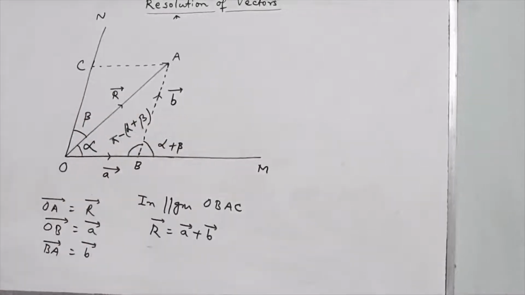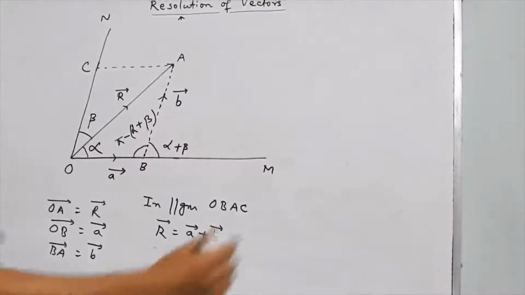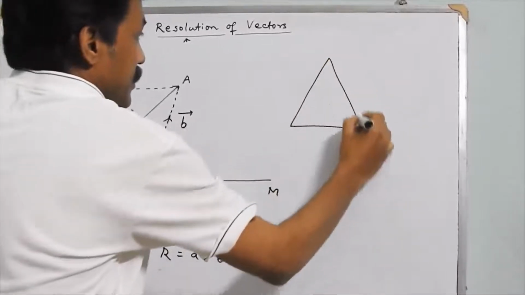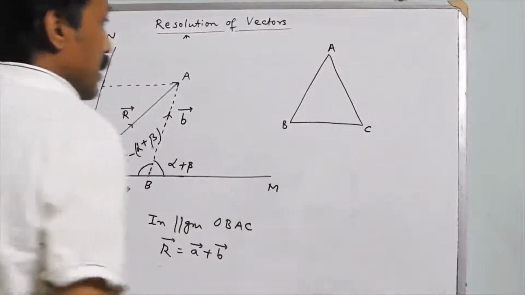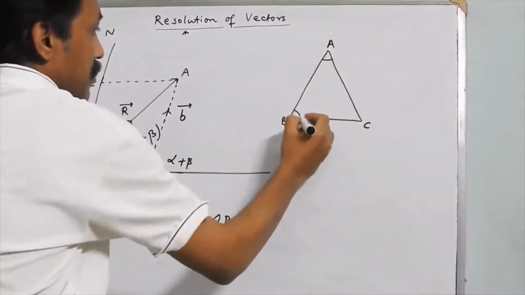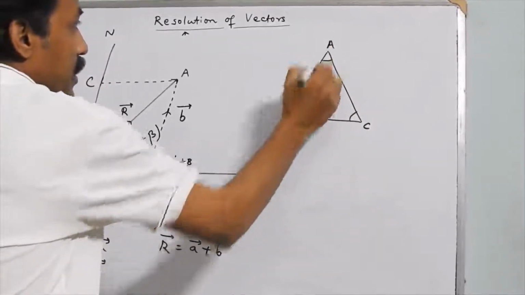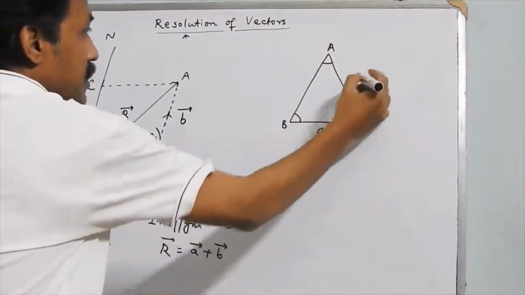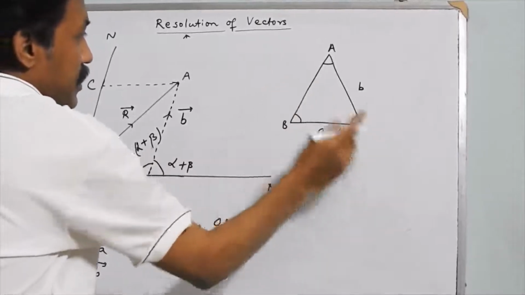Now a popular principle in trigonometry is the sine rule. If we have a triangle, suppose triangle ABC, and suppose this is angle A, this is angle B, and this is angle C, and the side opposite to vertex A is, suppose, small a, the side opposite to vertex B is small b, and the side opposite to vertex C is small c.